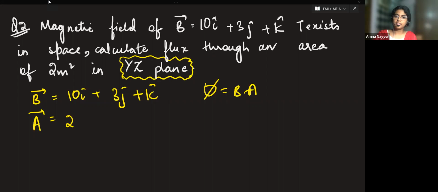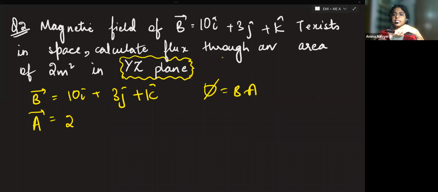Correct answer, Liana. Good. Anybody else? It's the x-axis. See, perpendicular to the plane. The area vector is simply the perpendicular.